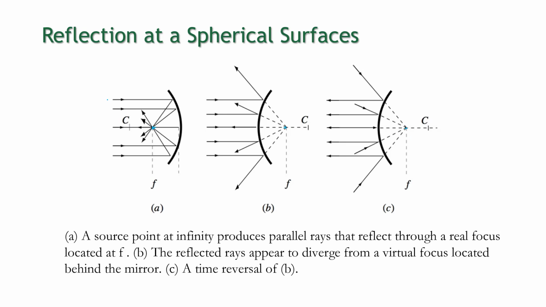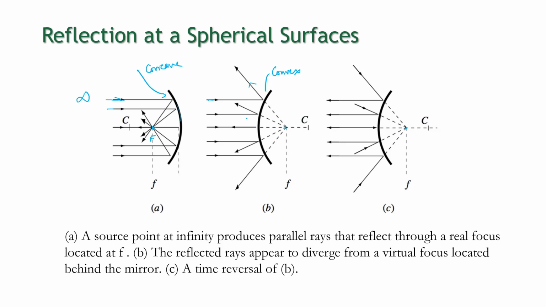So if you hit the rays coming from an infinitely far object on a concave surface, then the rays will pass through a focus. This is the focus or focal point. And if the rays hit this convex surface, this is convex, this is called concave, then the rays would be diverged.